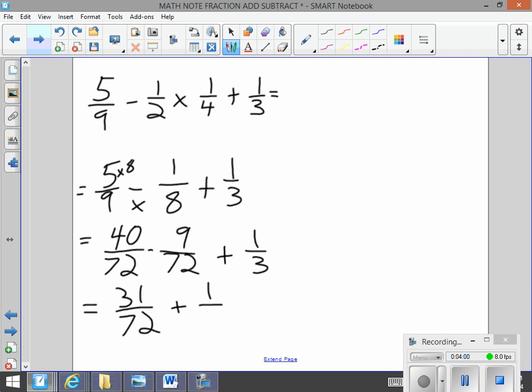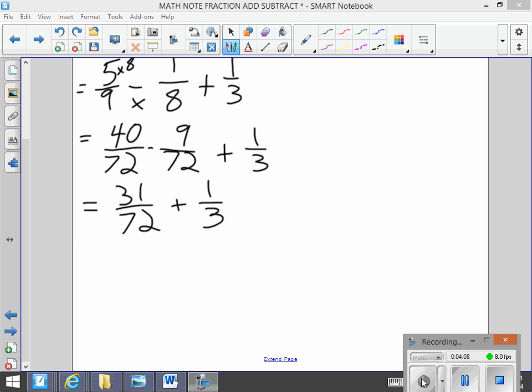Okay. And now we're going to find a common denominator for this. Geez, I'm going to have to do some math in my head here. Hang on a sec. So I just did some math in my head, and 3 does go into 72. I just times 3 by 10. I know that's 30. So I can go 30, 60. I got 12 left over.